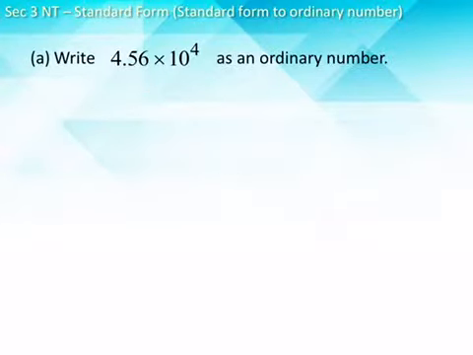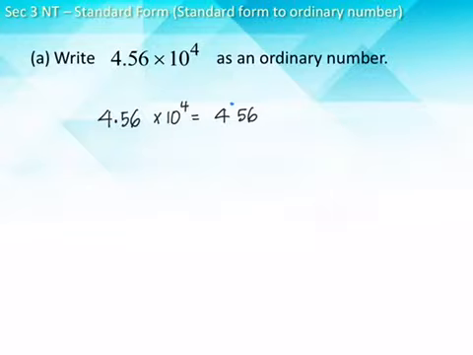Write 4.56 times 10 to the power of 4 as an ordinary number. Writing it as an ordinary number means we want the actual value. So I have 4.56 times 10 to the power of 4. I will need to take a look at 4, 5, 6. The number 4.56 here, with this decimal place, will multiply by 10.